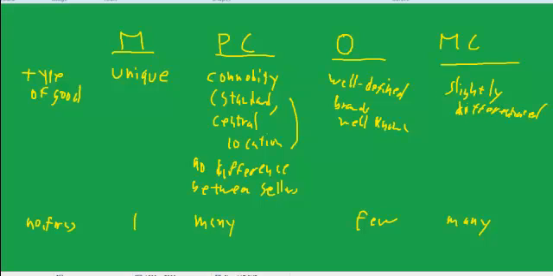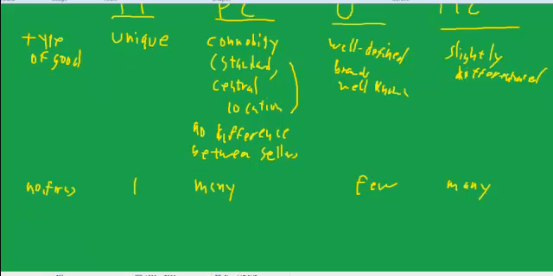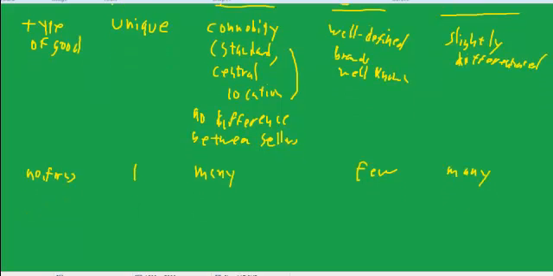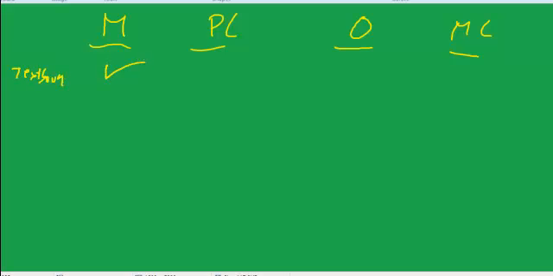Now what's interesting is if you look at textbook importance, so let me carry these headings down to here. I'm going to rewrite M, P, C, O, and MC. If you look at your textbook, this is very, very important. Just about every year there's a major question on the AP micro exam about monopoly.